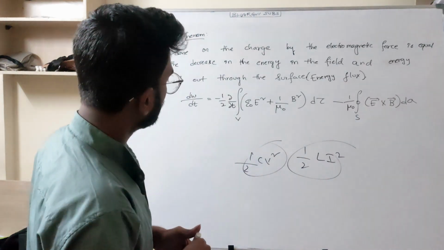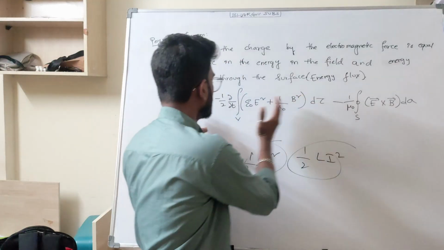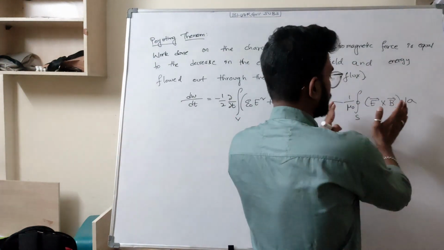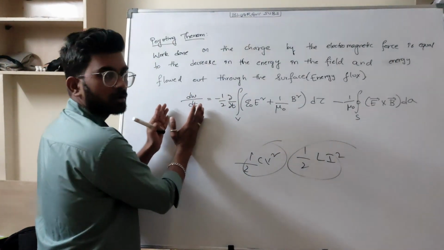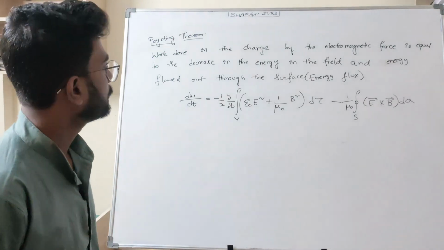So minus 1 by 2 del by del t in the volume integral of epsilon naught E square, the energy stored in the capacitor, which decreases, and also the energy flowing out of the surface. Summing these both is equal to the work done. This is the statement of the Poynting theorem.